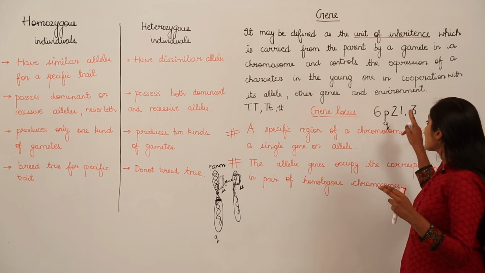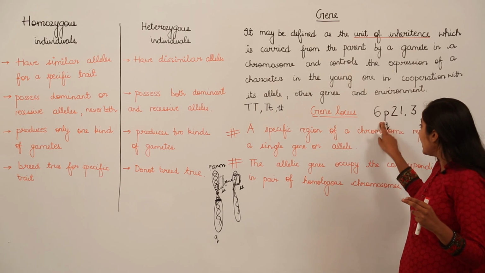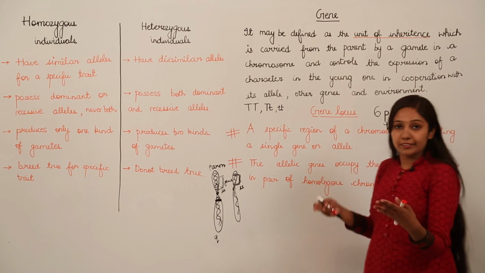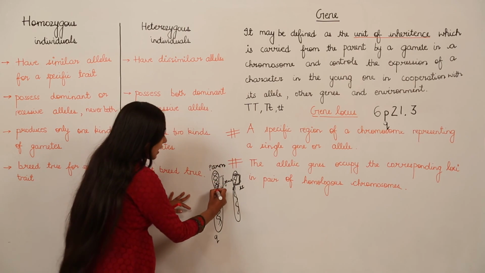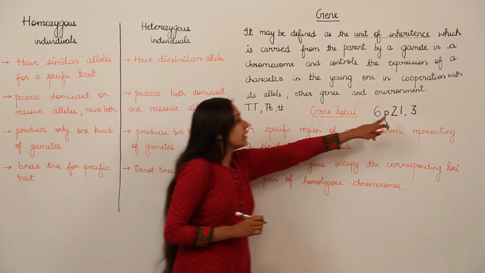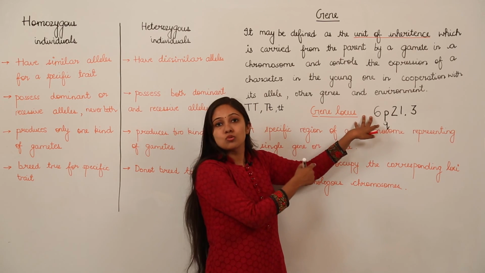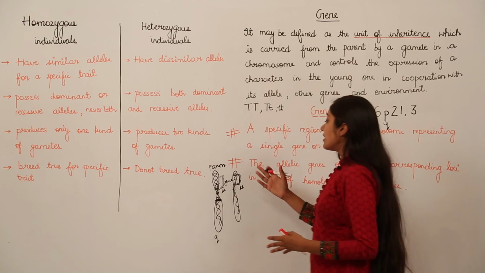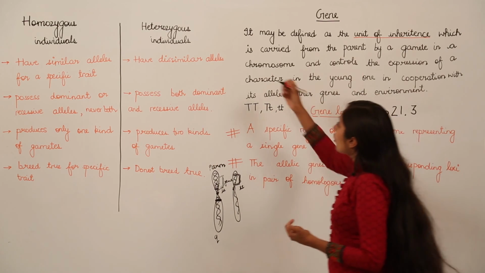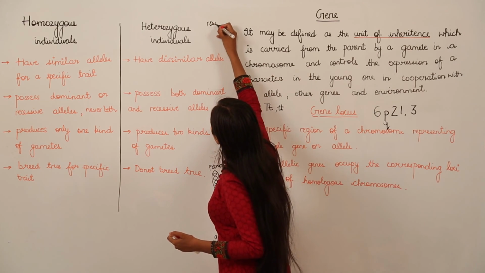So, we are talking about the second region on the P arm and the first band. When we say first band, it means the bands present in the second region of the P arm of the 6th chromosome. 0.3 means this is the sub-band. You can see sub-bands when you achieve more resolution.